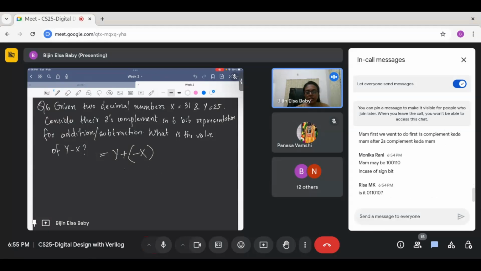So it is a standard way to represent the negative number in 2's complement. So you have to take the 2's complement of 31.